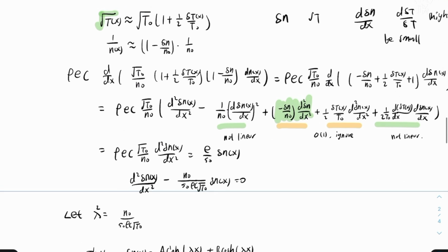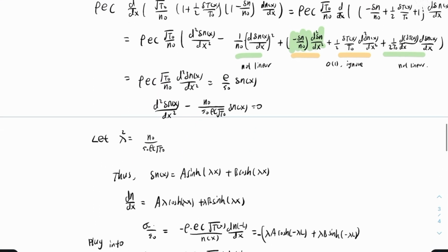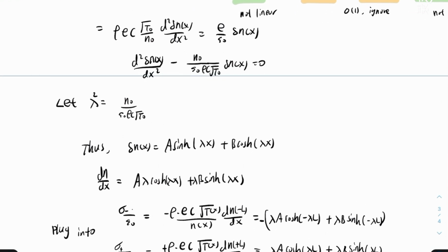Now we just need to move this stuff to the other side, and then move this side to the other side, and we'll get this equation over here, which is basically this. And now to solve this equation, we only need to consider this, which most of you should be very familiar with, right?